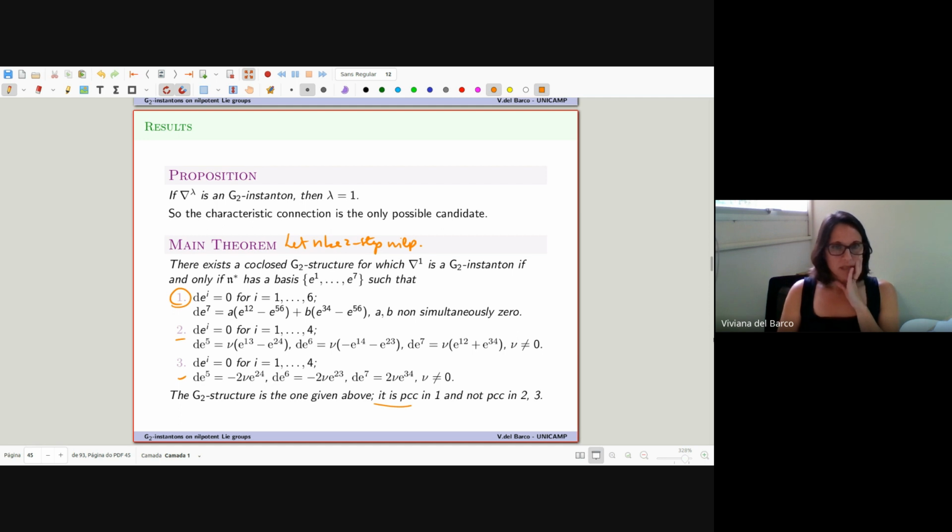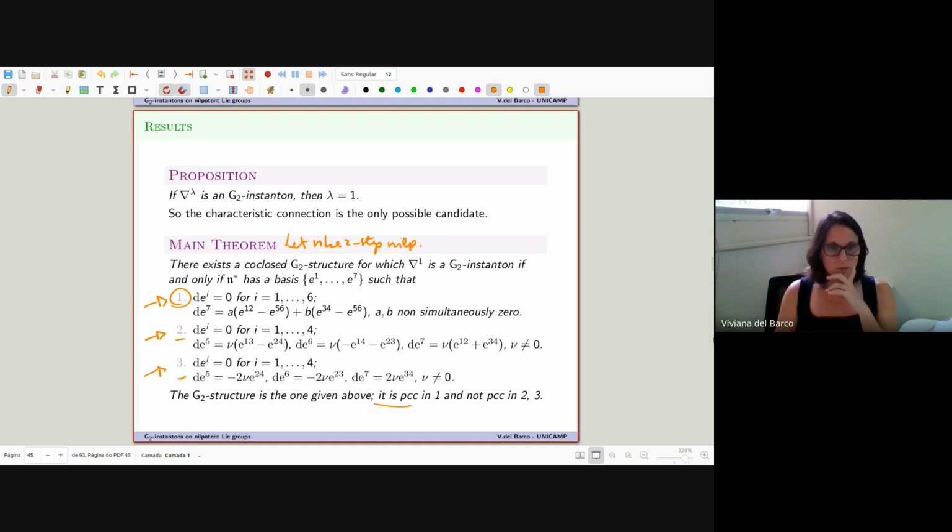Let me say that the first ones were the G2 instantons considered by Fernandez, Ivanov, Ugarte, Villacampa. So they were known. The second one is the quaternionic Heisenberg, and these were the ones that appeared in Agricola, Ferreira, Storm in the context of naturally reductive spaces.